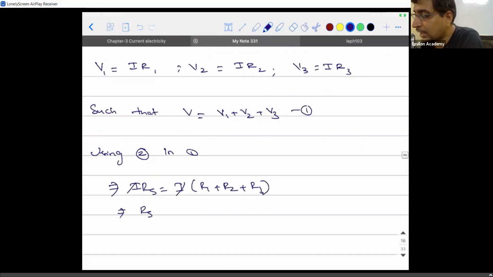From this I can say RS is equal to R1 plus R2 plus R3. As simple as that. The series resistance is equal to R1 plus R2 plus R3. Similarly, if you have n resistors in series, it will be R1 plus R2 plus so on till Rn. Correct?